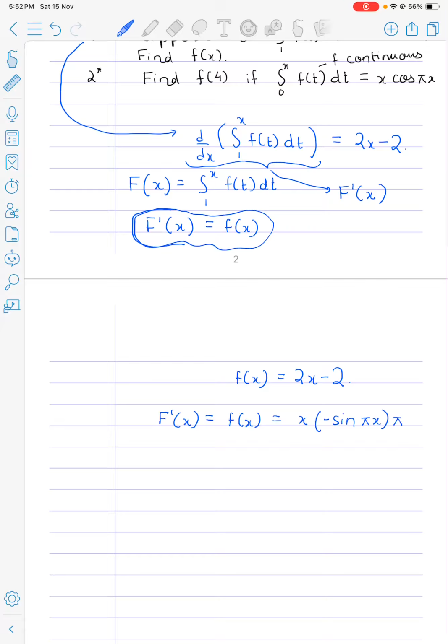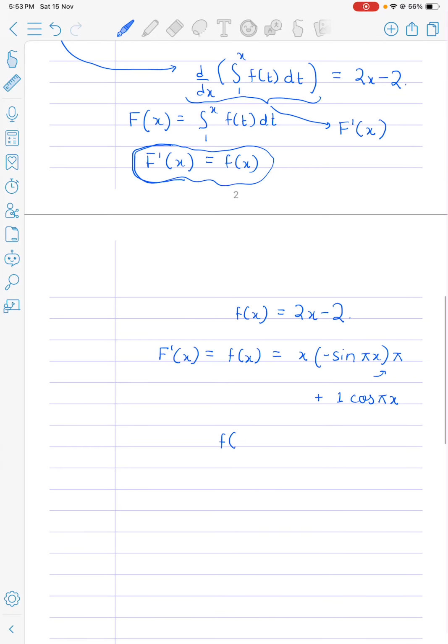Again, I'm using the chain rule, and also the product rule for differentiating. So if you differentiate x, this will be 1, and cos(pi x) will remain as it is.